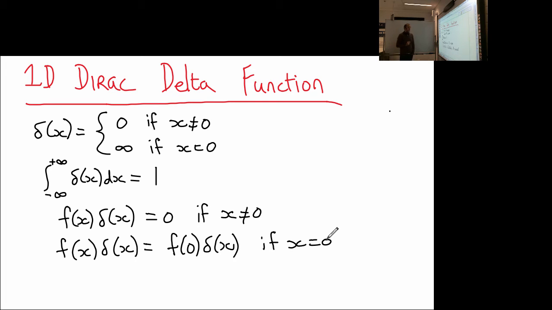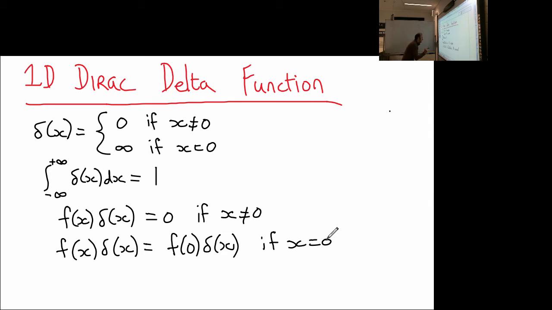Essentially, since we know that the delta function is going to be 0 everywhere except at the origin, we can just write the product of f of x and delta x as the product of the delta function multiplied by that function at x equals 0. So it's that value that the function would assume as if it was at x equals 0.